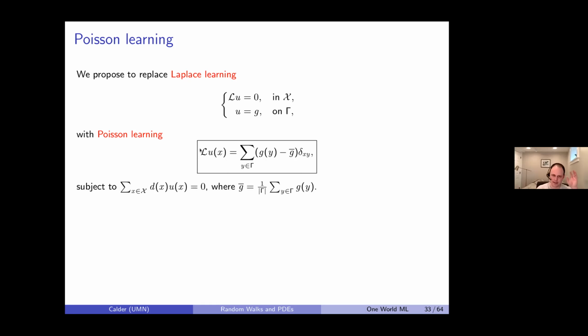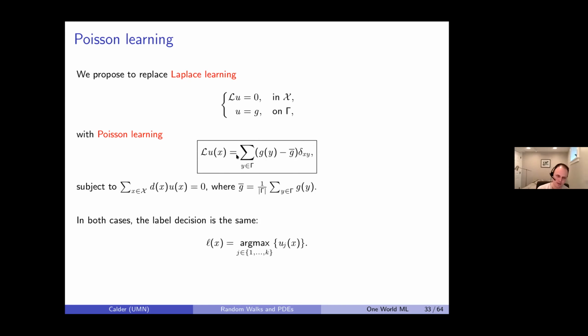So if you take the mean value of the left-hand side, you get 0. The right-hand side should have the same property for existence of a solution. This is like the compatibility condition for Laplace equations in the PDE context. And so the role of centering by the average label vector g bar is to make sure the right-hand side has mean value 0. Okay, so then you get existence and uniqueness of a solution on a connected graph at least.